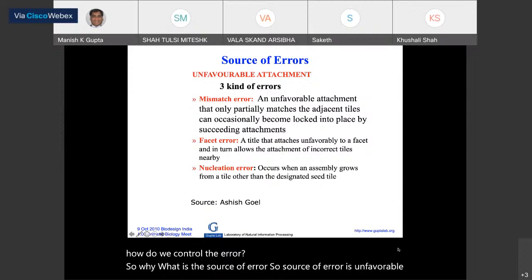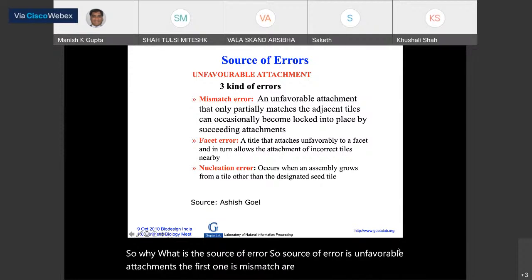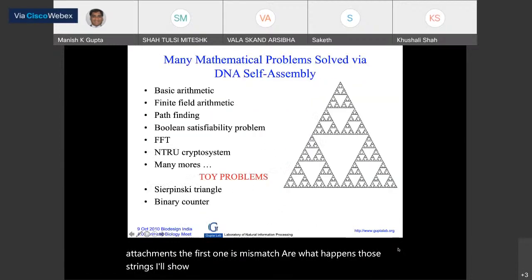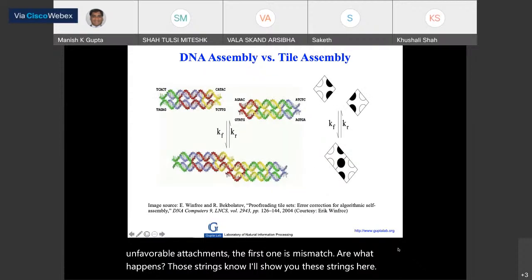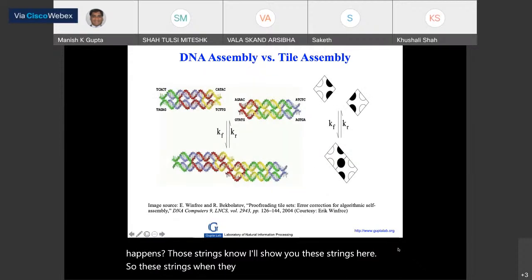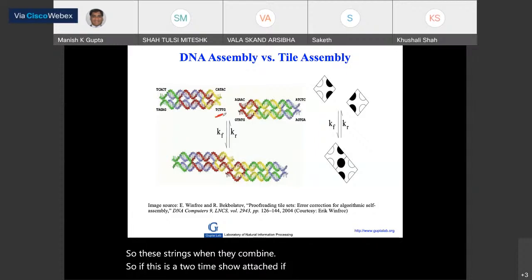The first one is mismatch error. What happens, those ACGT strings, I'll show you these ACGT strings here. These strings when they combine, sometimes, so if two tiles should attach, if this should be complementary matching to this, for example, you see TCTTG.